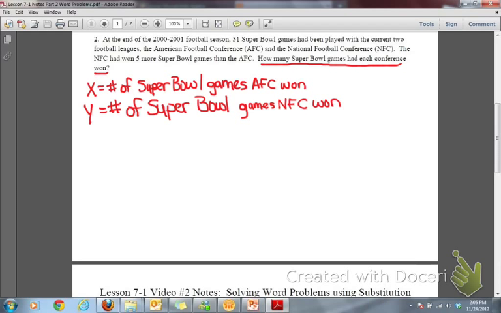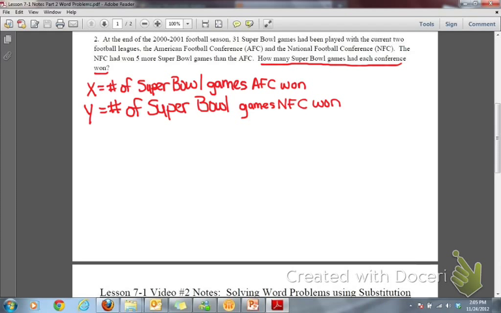Okay, so now that I have my variables defined, X is for the number of games that the AFC won, Y is the number of games that the NFC won. Now we're going to write our two equations. So in the very first sentence, it talks about the year, which really doesn't even matter, but it says that 31 Super Bowl games had been played with the current two football leagues.